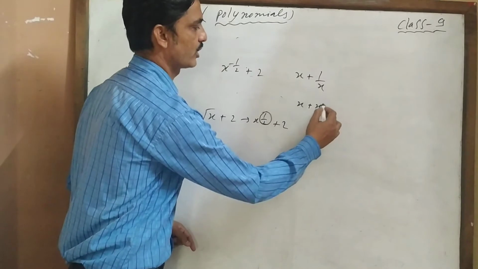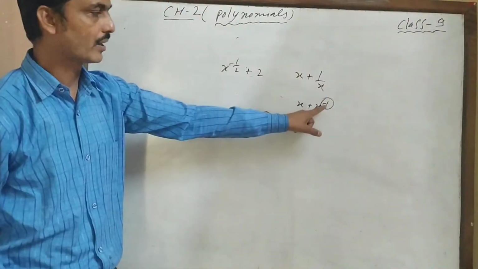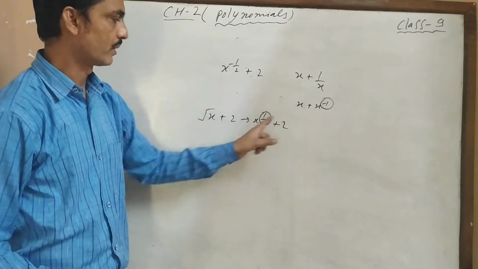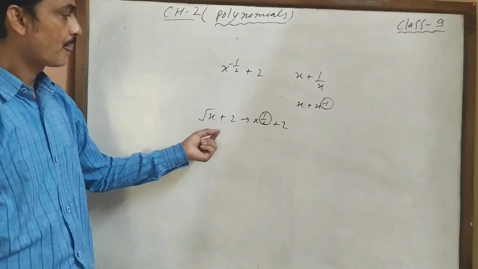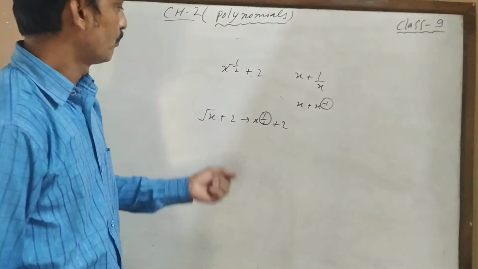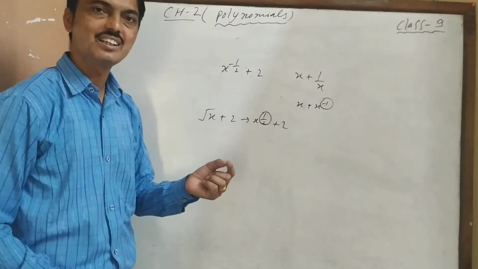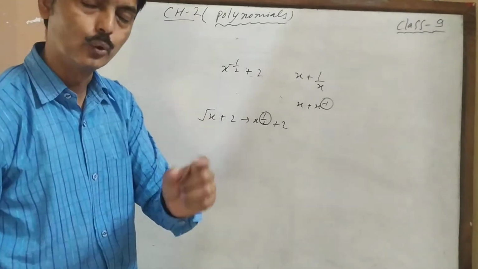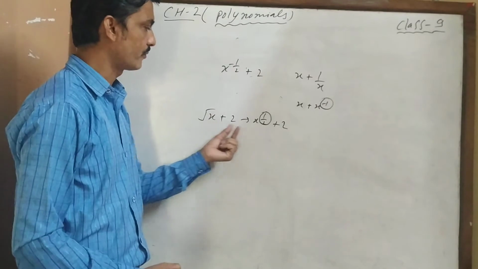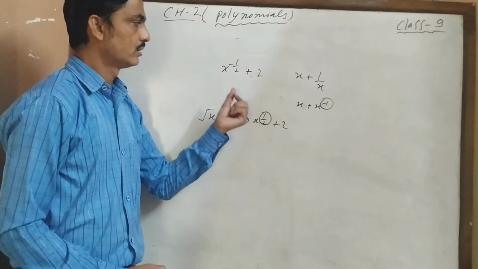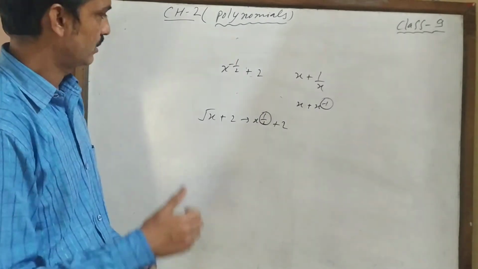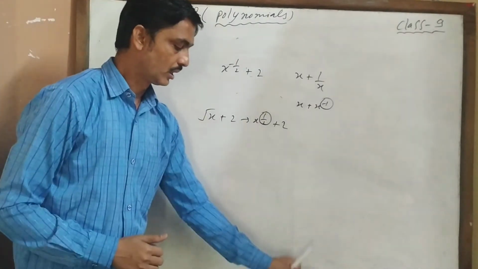Again, the powers are not whole numbers. So, an algebraic expression must have power or degree in the form of a whole number. Otherwise, in the form of negative or fraction, the algebraic expression is not a polynomial. Understand?